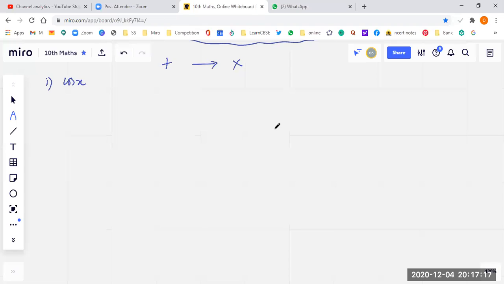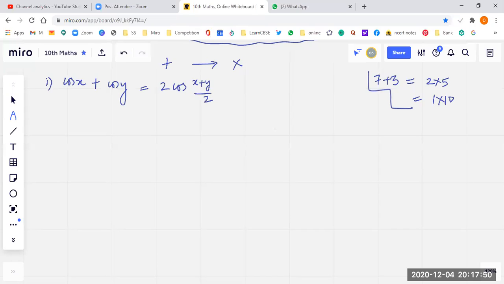It's like you factorize something, like we have 7 plus 3, you factorize them, so this becomes equal to 2 into 5, or this becomes equal to 1 into 10. So this is what we're going to do, plus into multiplication. So cos x plus cos y is equal to 2 cos, anyone remembers? x plus y by 2 into cos x minus y by 2, right?